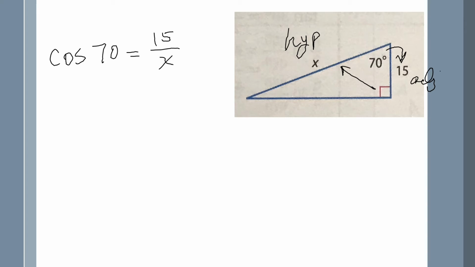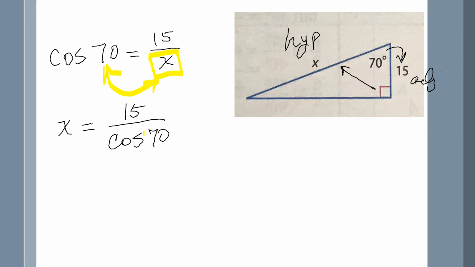Now I'm going to show you a little trick here. When we end up with a variable down in the bottom, what we're going to do is switch these two out. So we're going to rewrite the problem as x equals 15 divided by cosine of 70.